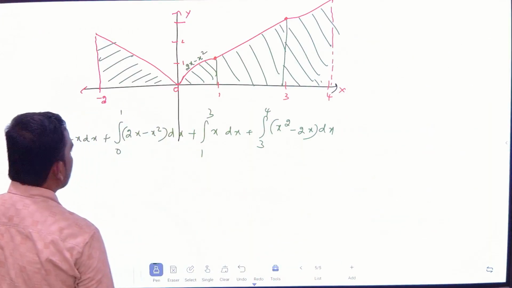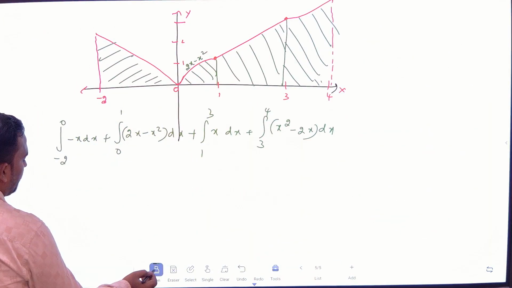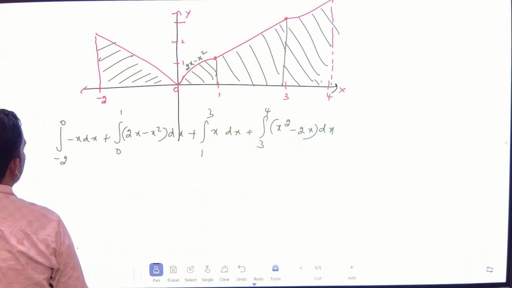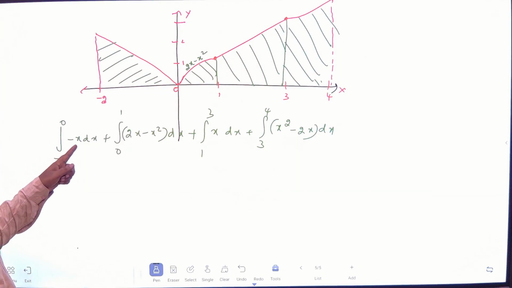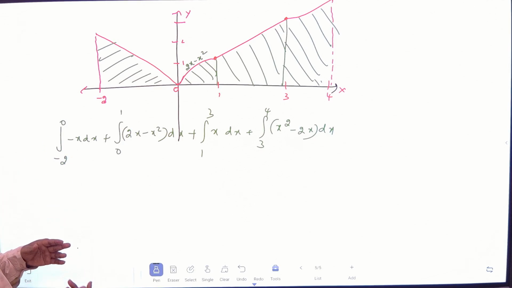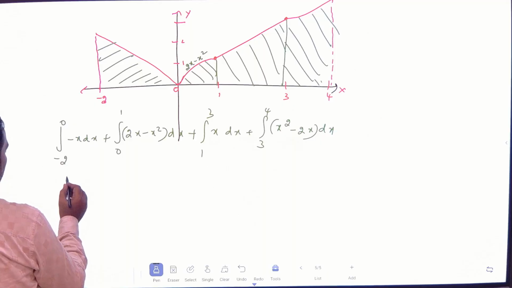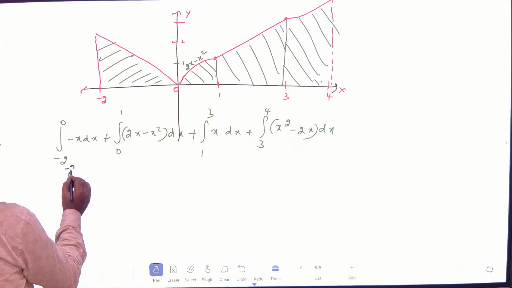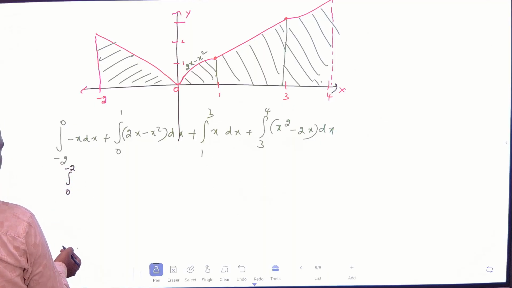Yes, good. Now you can integrate quickly. What is that? You can see minus is there. What you can do, just you can interchange the limit. You can remove the minus here. So 0 to minus 2 x into dx we can write.